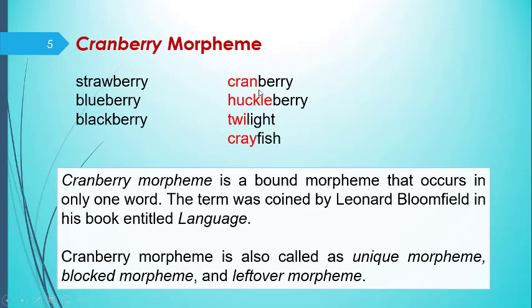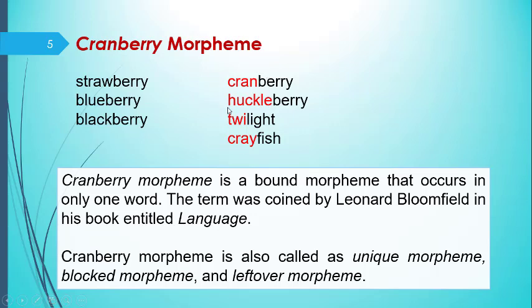So cran only occurs in cranberry. There is no other word that has cran in it. Same as huckleberry. The morpheme huckle only occurs in huckleberry. The bound morpheme twi also only occurs in twilight. And cray also only occurs in crayfish.